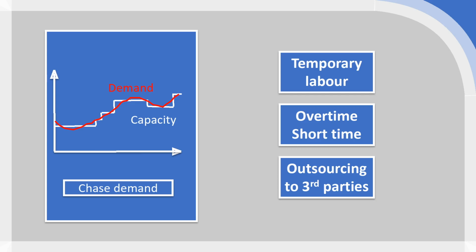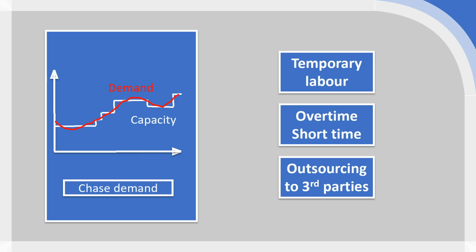They could just be shuffling their own internal resources around. But from your perspective as the outsourcer, as the organization that's managing capacity, you see your capacity rise and fall to try and chase a demand or match the demand as much as possible.